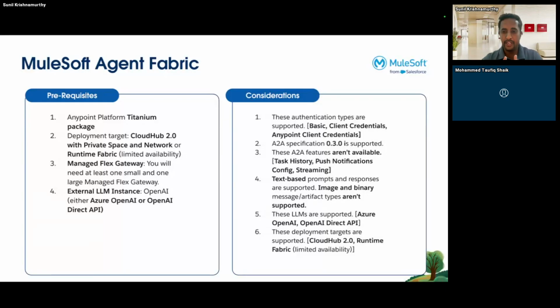Right now, the latest protocol is 0.3.0, which is supported by Agent Fabric. A few A2A protocol features are not supported, like task history, push notification, all that, might be supported in future releases. Only text-based prompts are supported; image and binary are not supported. Okay. And LLM and deployments, I already told. These are the considerations.